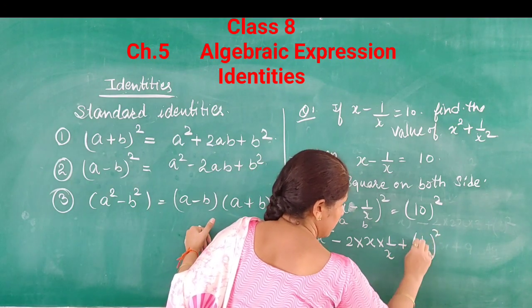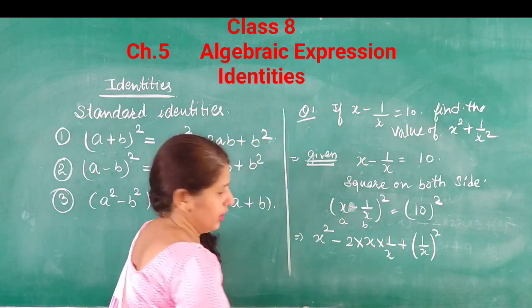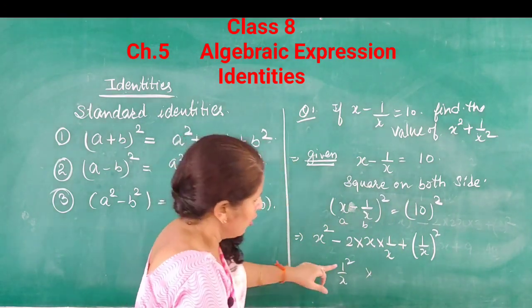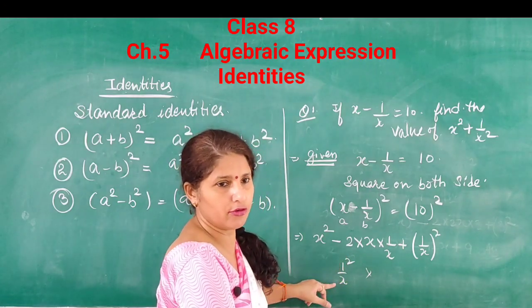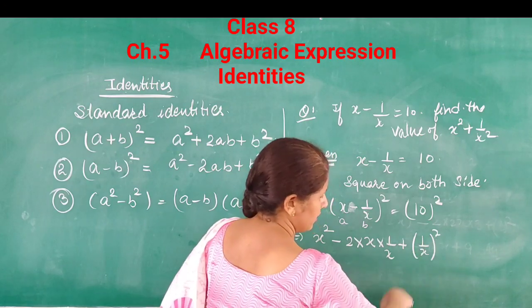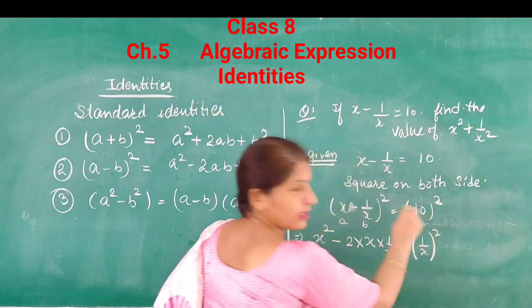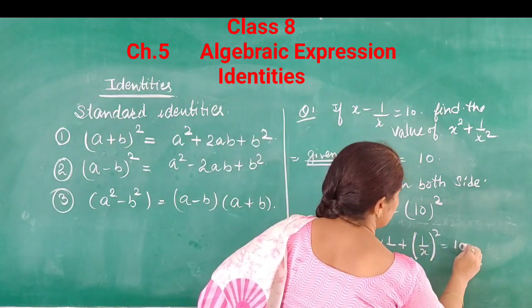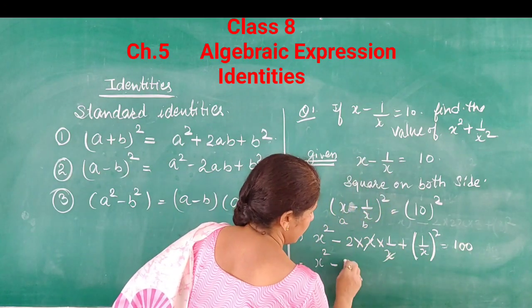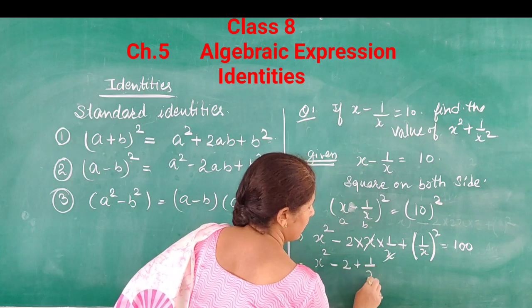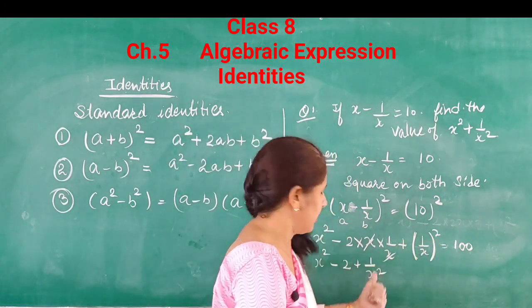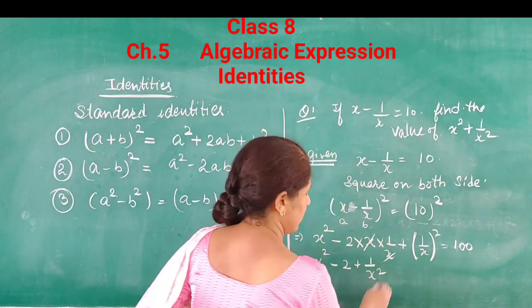Remember that, put this b term in a bracket. If you write it without a bracket, it is wrong, because it seems that only the 1 is being squared, not x. So always put a bracket when you are squaring a fraction. After squaring, x cancels, giving minus 2 plus 1 upon x square. Now I can write this as 100, because 1 square is 1 and x square is x square.